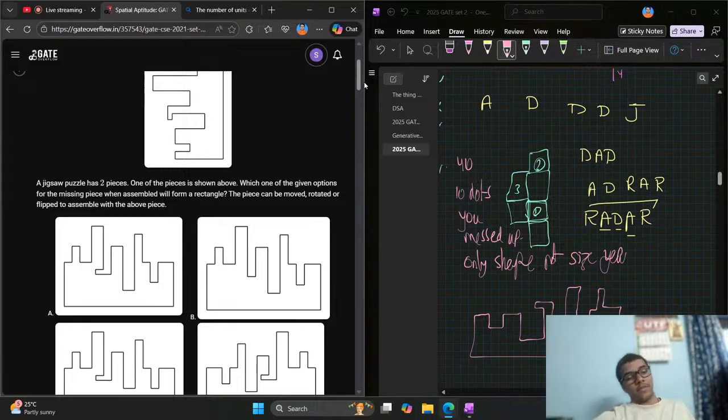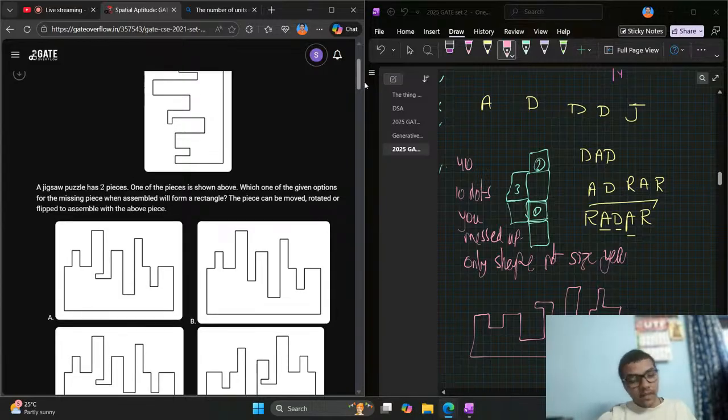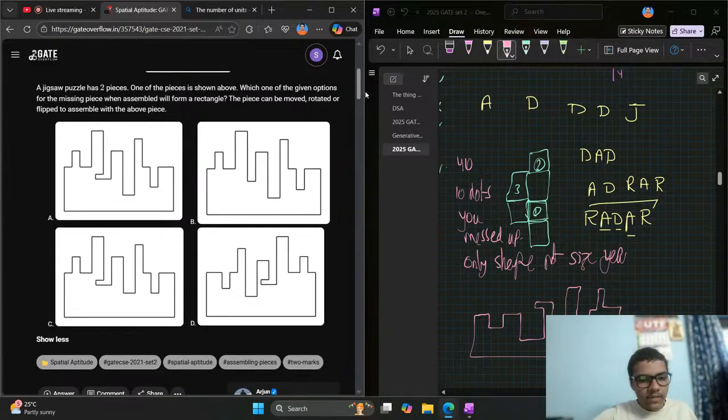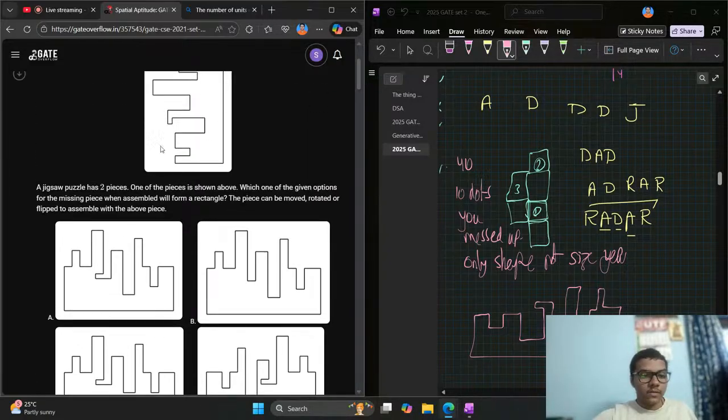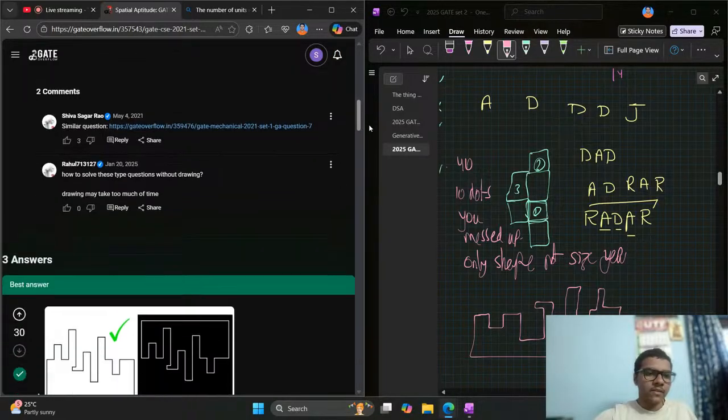It's gotta be either one or three, and one or three only comes down to depth. If it is not too much, okay. Assembling pieces. This edge is poking down, that means this is poking up. Yeah, it is. It is alright. The difference is just 2 is the answer.